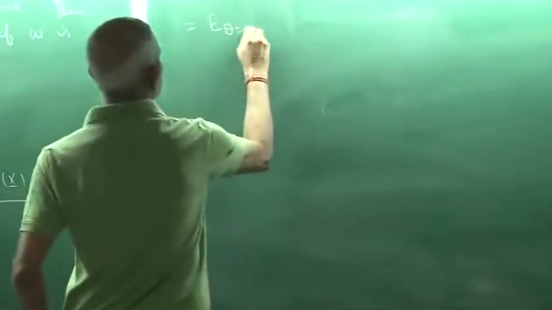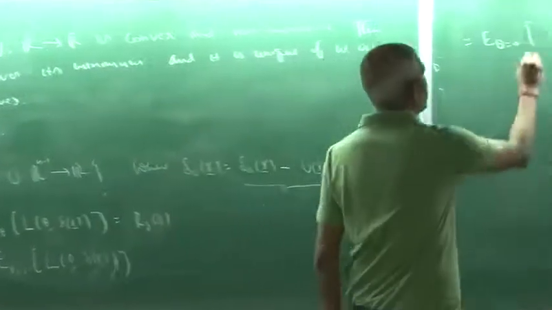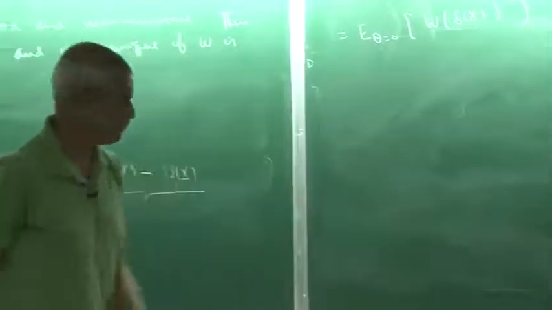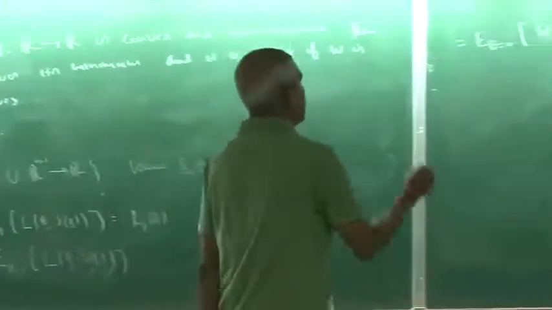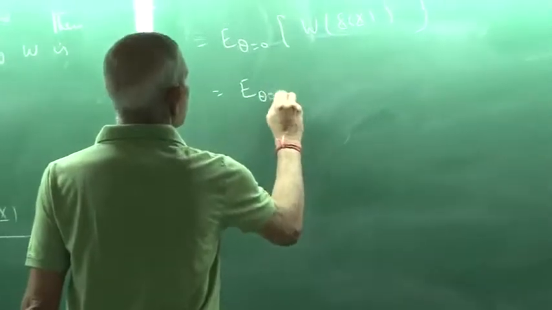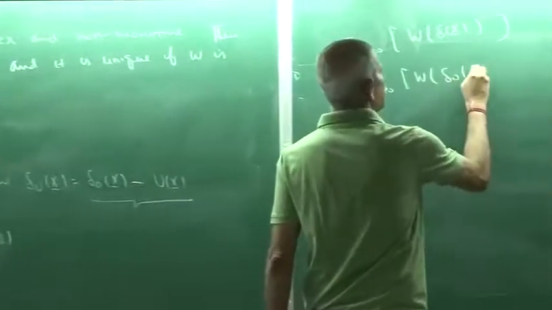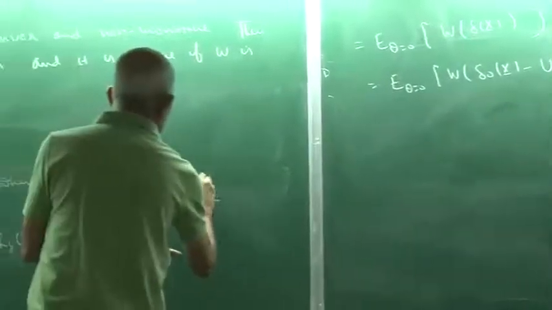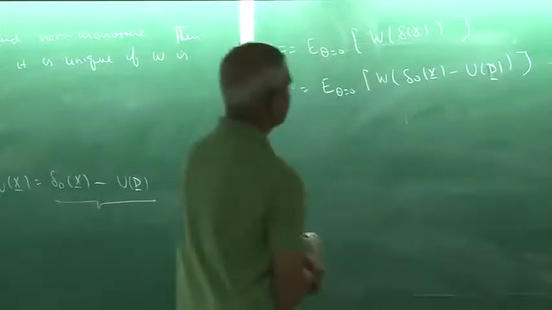Then L0 of delta x is nothing but W of a minus x, so in place of theta you have W of delta x minus 0. But delta x I know can be written as delta naught x minus u of d, which only depends on d. d is nothing but d1 to d(n-1), where the di are x1 minus xn, x2 minus xn, up to x(n-1) minus xn.